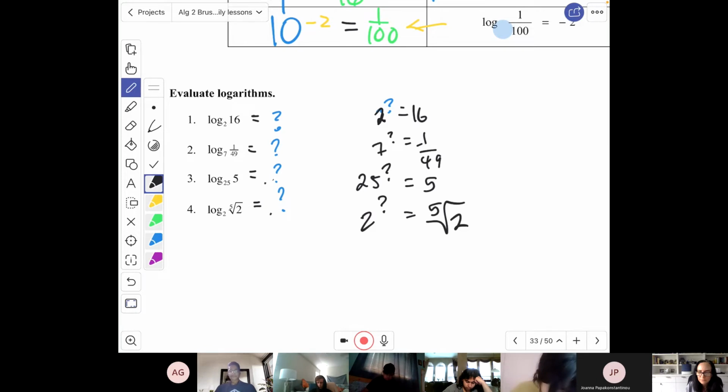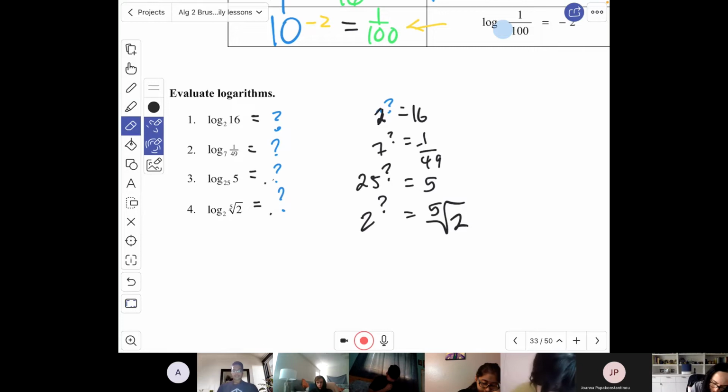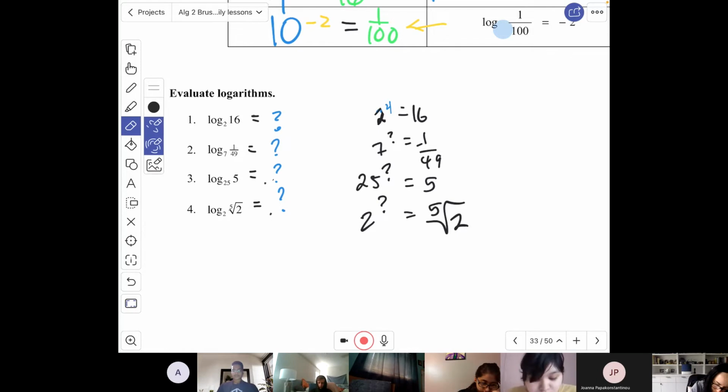Eric, Abiella, Christopher, Natalie, Ariana, any ideas? Do we know what the first one is? Nathan, tell me what the first one is. 4. You are correct, right? So 2 to the 4th is 16. So this simplifies to 4.